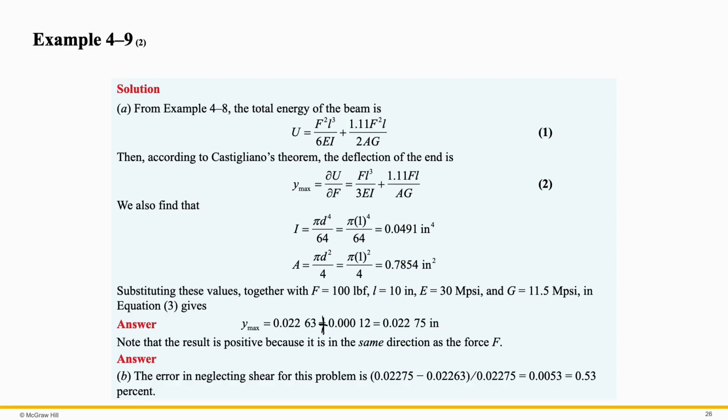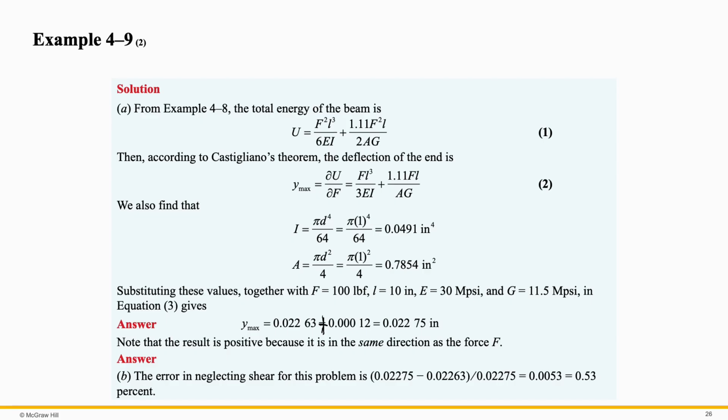Actually, it is the transverse shear force causing this bending moment. Then we substitute the corresponding expressions for the moment of inertia and the cross-sectional area. We have a circular cross-section. Then we substitute the values for the force, length, E modulus and the shear modulus into this equation to calculate the maximum deflection.